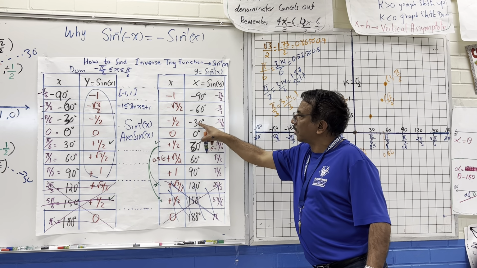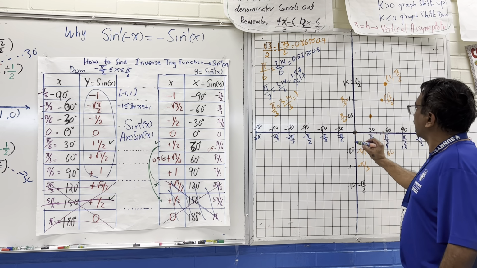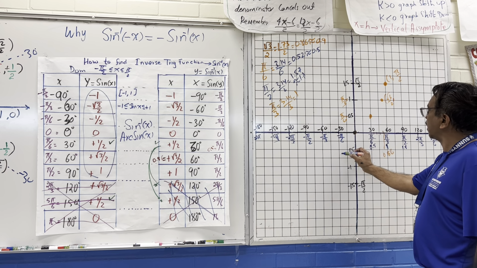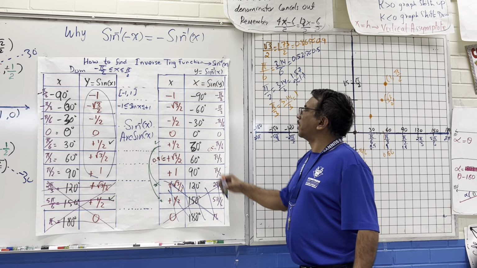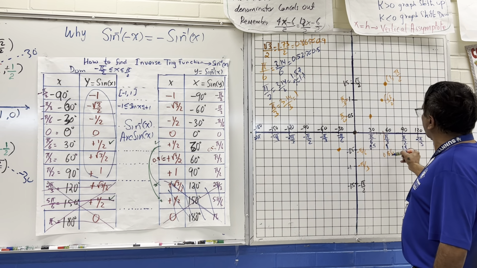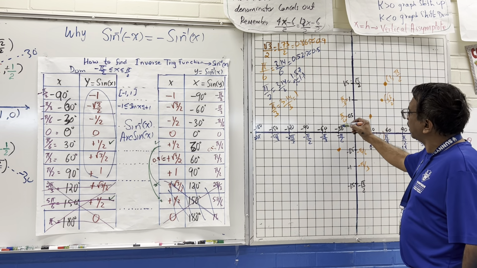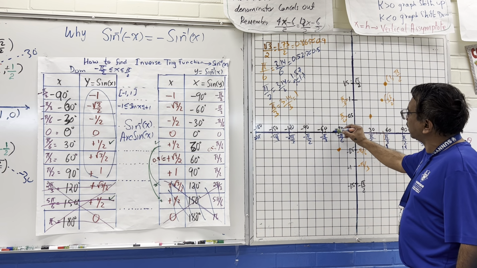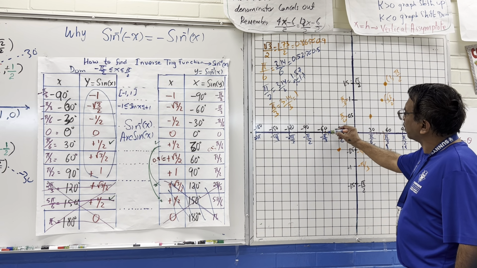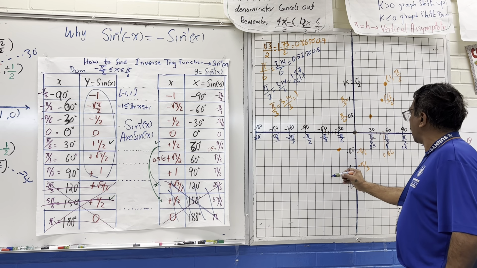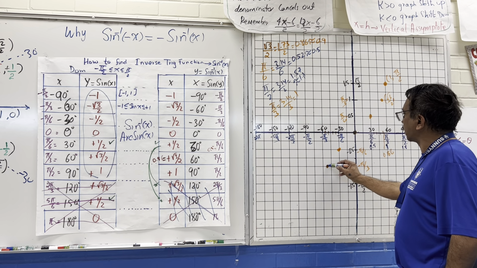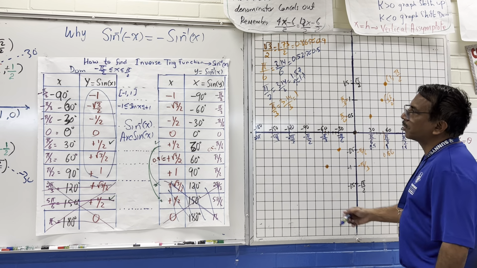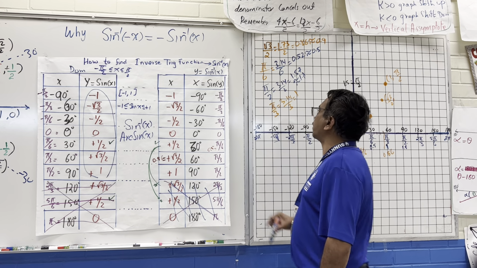Minus root 3 by 2 is minus 0.86, somewhere here. I can split this into 1, 2, 3, 4, so this will go to minus pi by 3. There you go. And minus 1 is minus pi by 2.